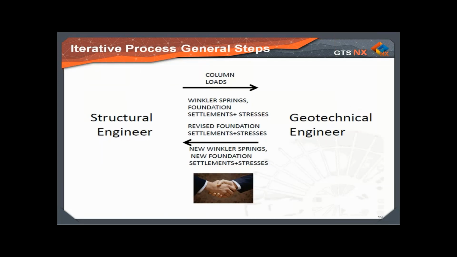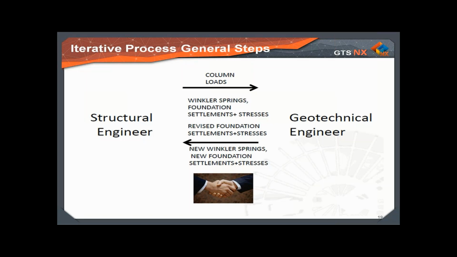So to quickly describe the iterative process between the structural engineer and the geotechnical engineer: the structural engineer provides the column loads to the geotechnical engineer, who has already developed a model of the foundation and the soil, and the geotechnical engineer evaluates the foundation settlement and stress and provides the structural engineer with Winkler springs or soil springs.